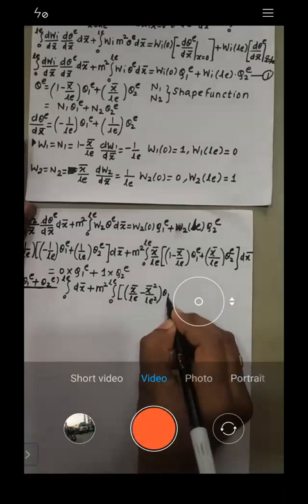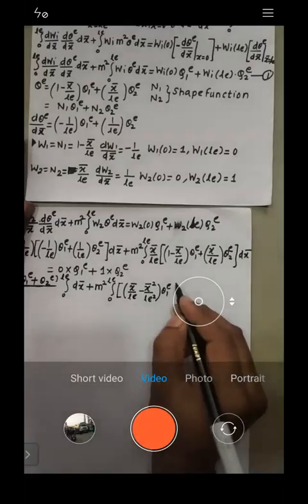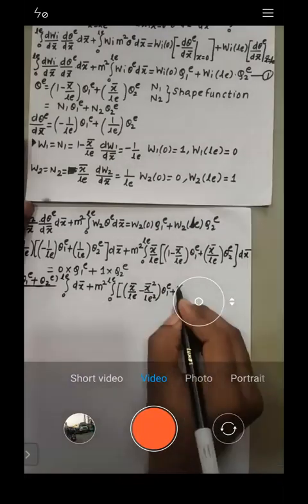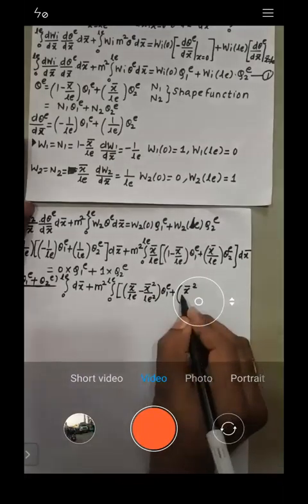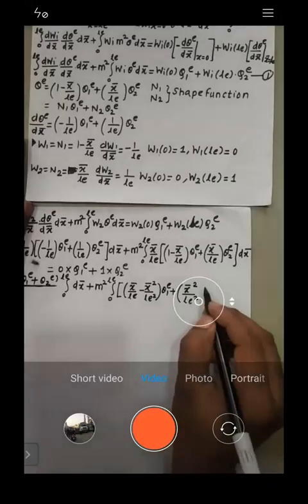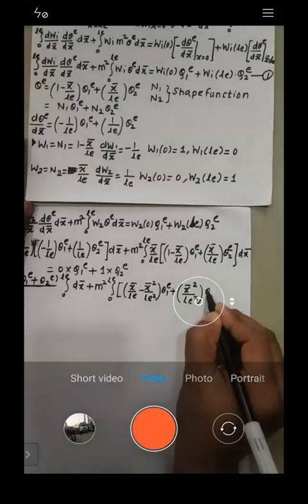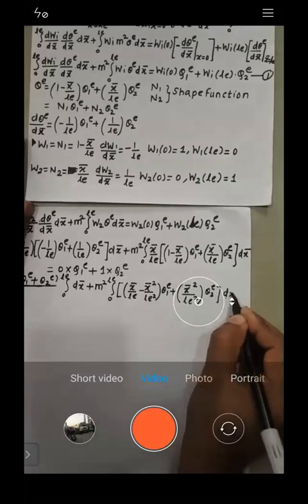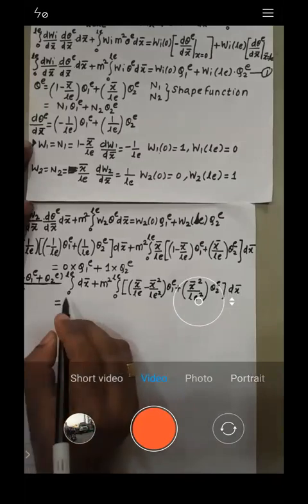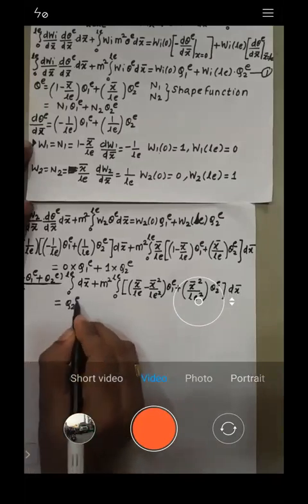Theta 1E plus, this into this, x bar square by LE square, right? Theta 2E dx bar. Is it okay? Yes, sir. Is equal to Q2, right?